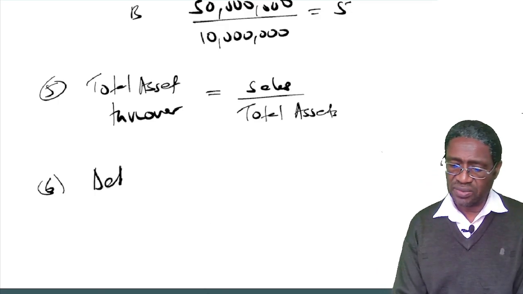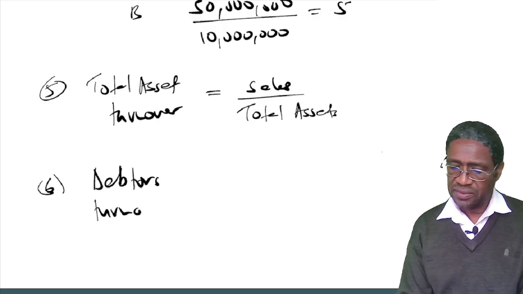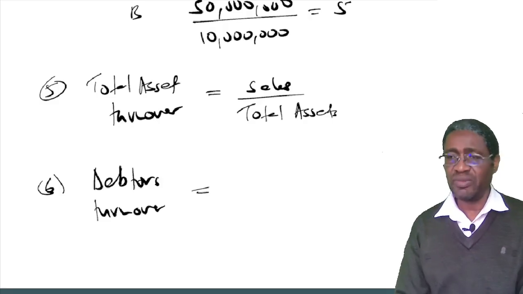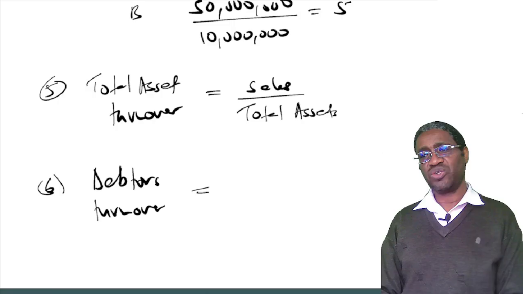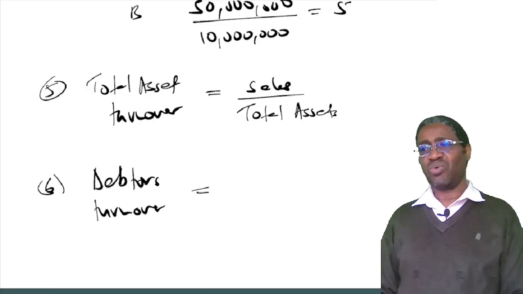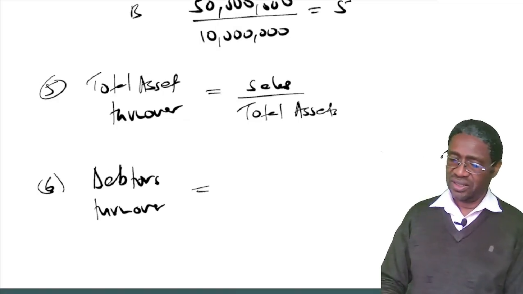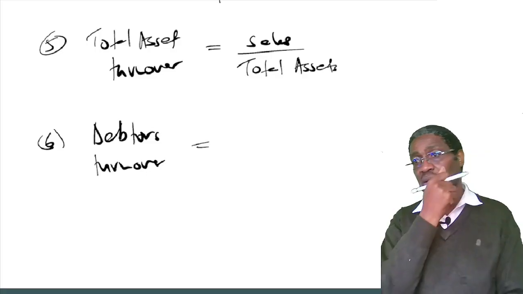Debtors turnover. What do you think should be the formula? Listen, now I don't just use sales. Why?